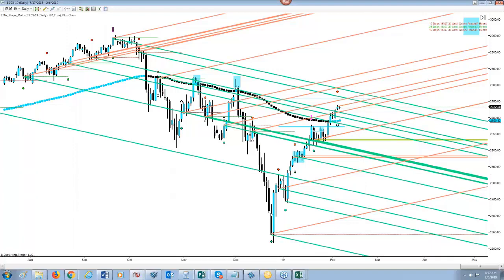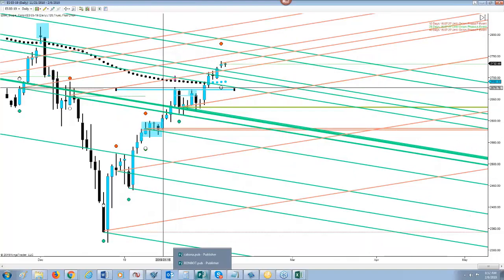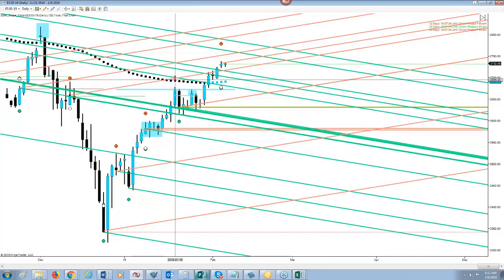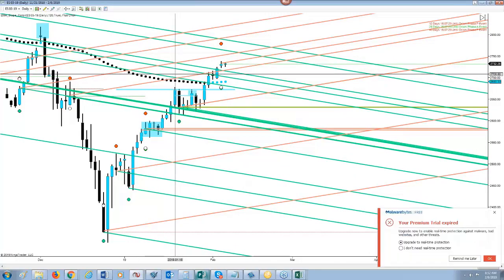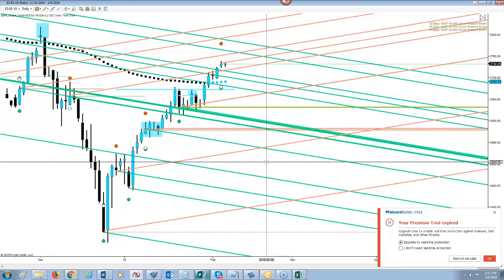All right, so based on that, this next signal, there are two lines that are very important.